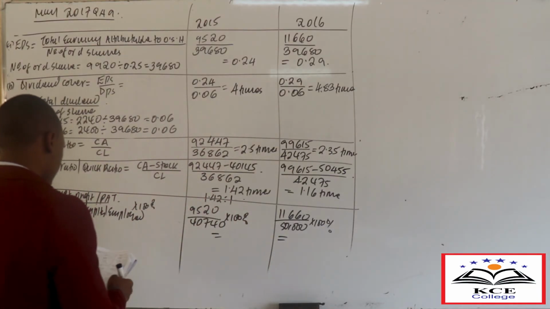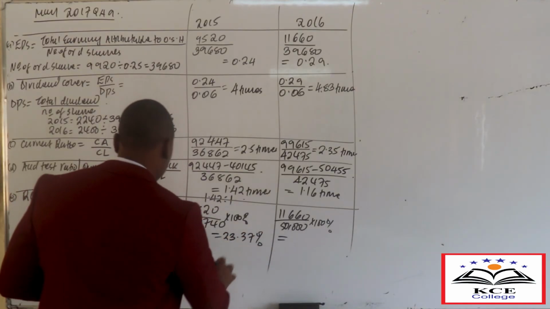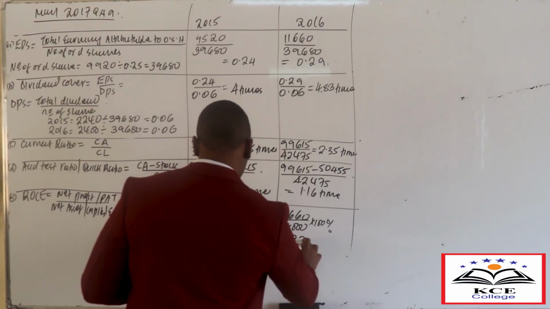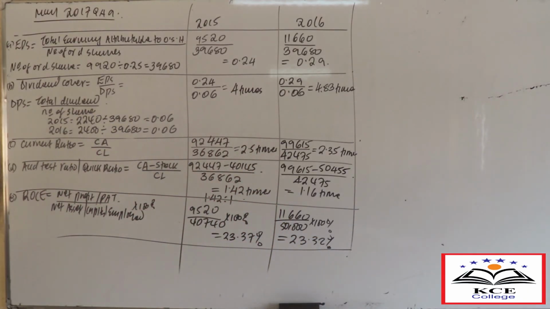And in that case, here we have 23.37%. Here we also have 23.32%. So that's how you compute that.